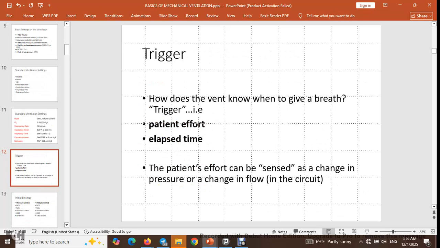When you say a trigger, based on the setup that you put, it can be patient trigger.